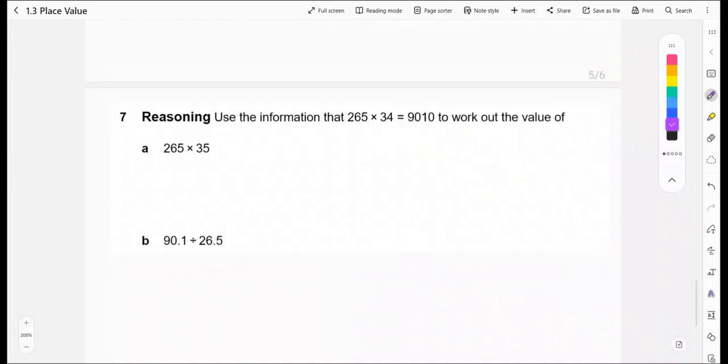In this final example, we have to use information that is given about a certain calculation in order to make other calculations. And this will not use a calculator. It would be on the non-calculator paper. So the information we've been given is we've been told 265 multiplied by 34 equals 9010. And we're to use that fact to work out the value of 265 times 35.